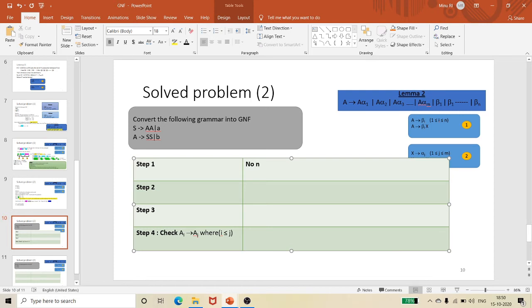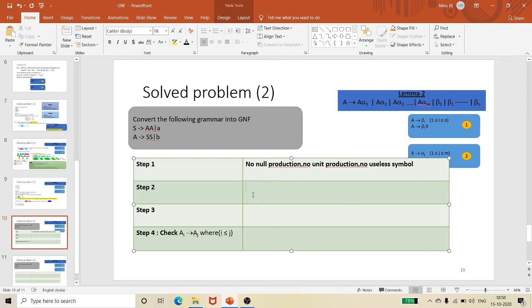There is no null production. Then I need to check for unit production. There is no unit production. Then I need to check for generating symbols. A is generating, from S I am reaching A, so no useless symbols, all are fine.